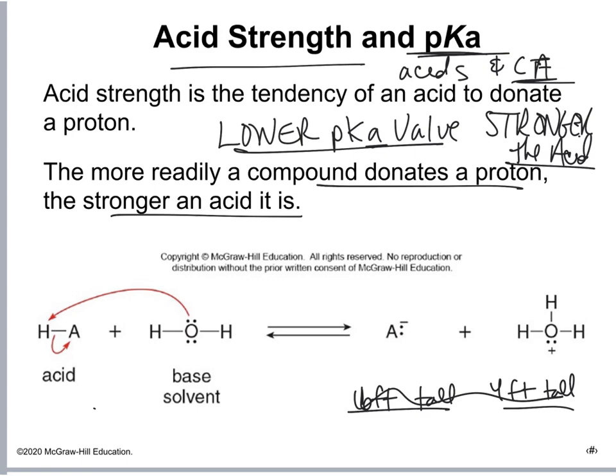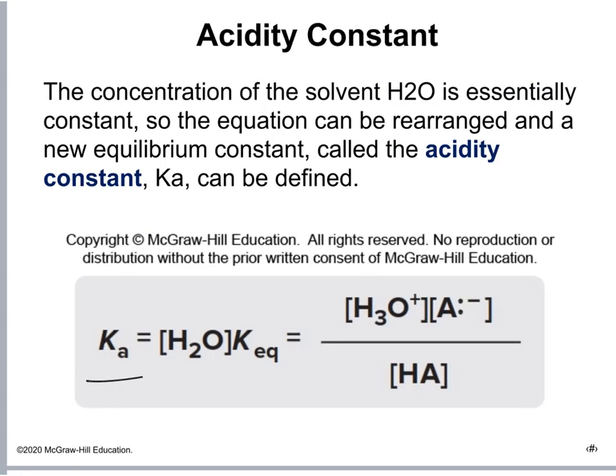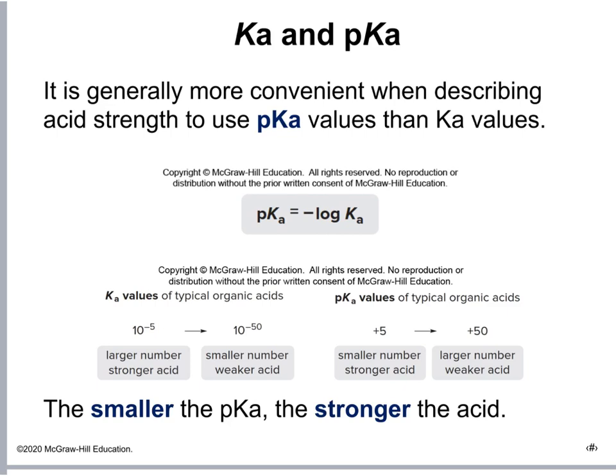All right. And they're just showing you this. I'm not worried about the Ka, but this is good. And they're showing you the Ka there as products over reactants. It's a measurement of how much H3O plus is generated. And the pKa, the little p always means negative log of whatever.